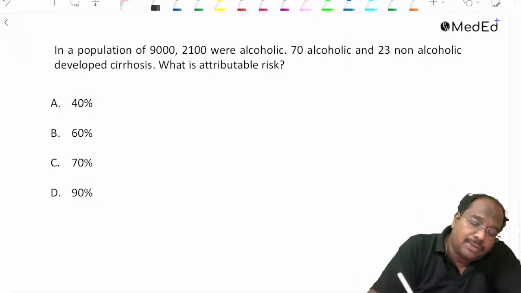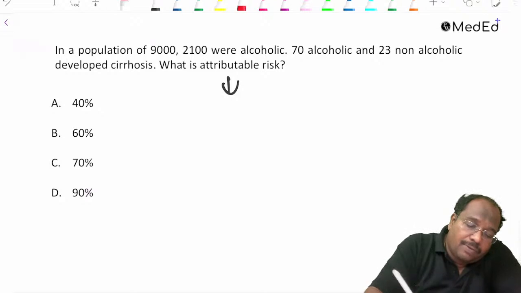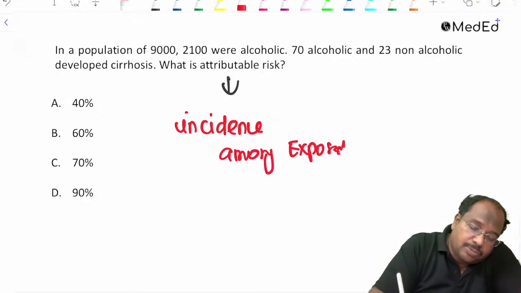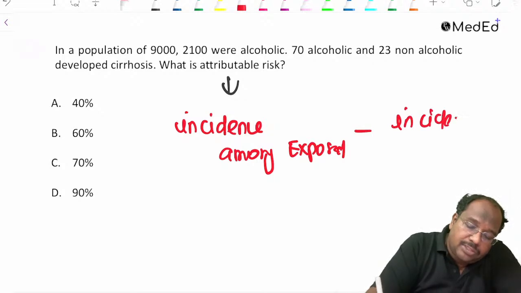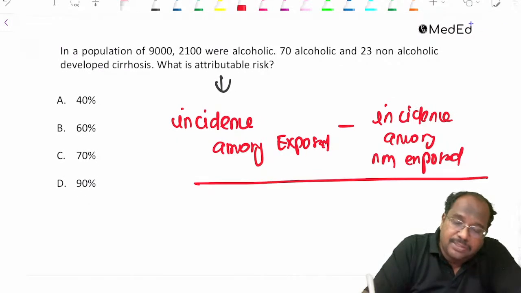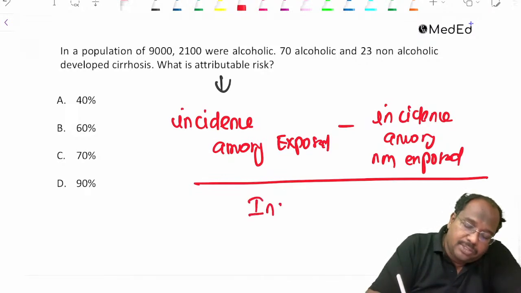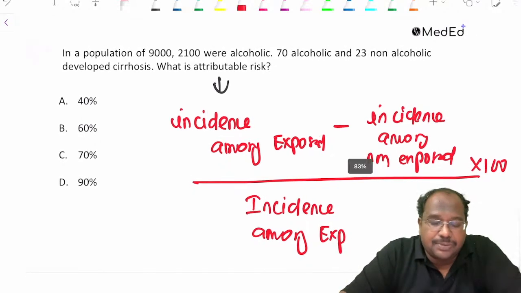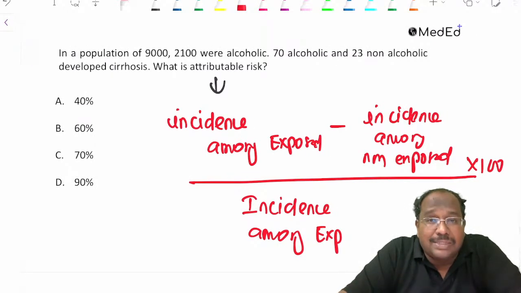What is attributable risk? The formula for attributable risk is incidence among exposed minus incidence among non-exposed, divided by incidence among exposed, multiplied by 100.